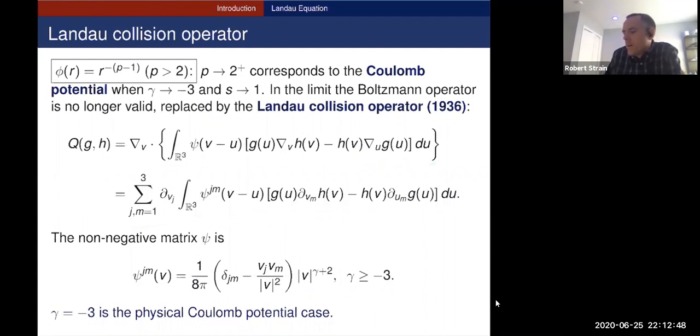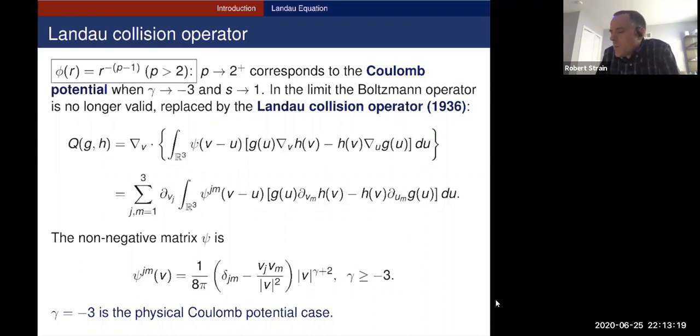And here phi is this 3×3 non-negative projection matrix. So this quantity in parentheses projects onto the sphere, and then you have this factor |V|^(γ-2). So the physical case is gamma equals -3. That corresponds to the Coulomb potential, but other cases are studied in the mathematics literature. So for all gamma greater than or equal to -3, you can study this.